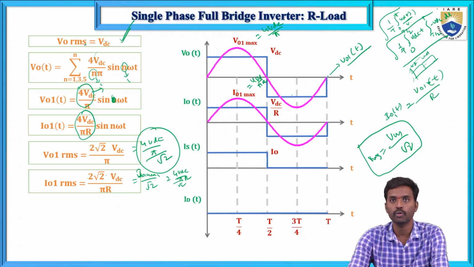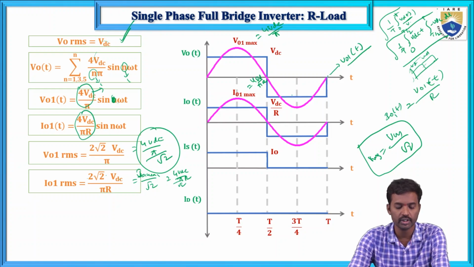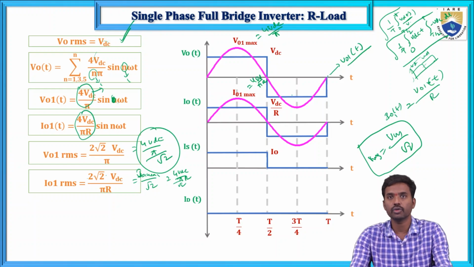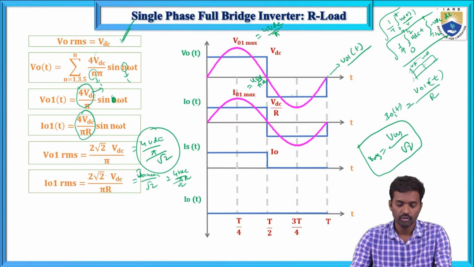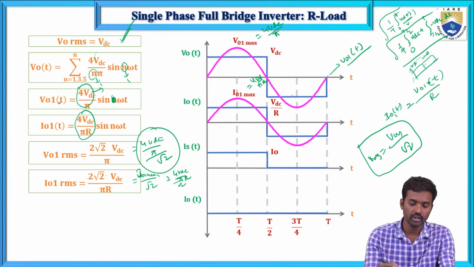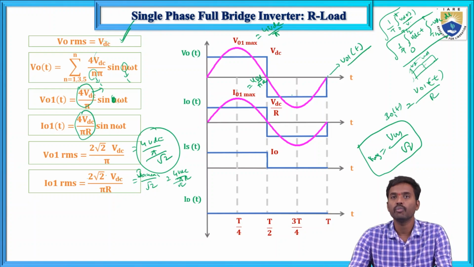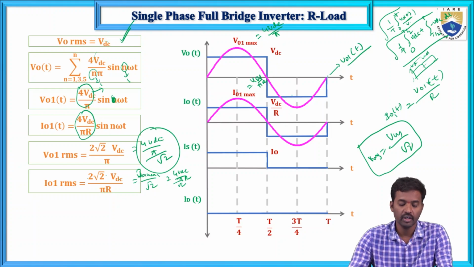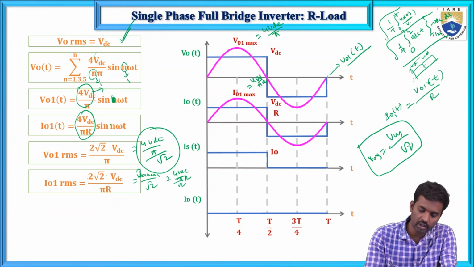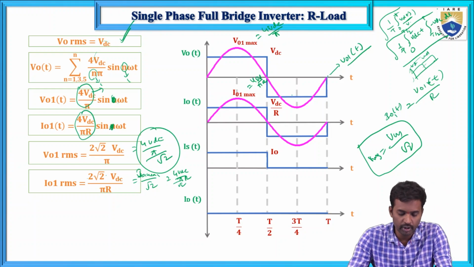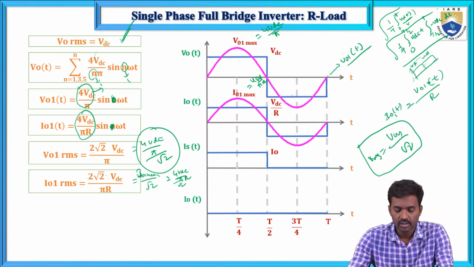V0, total output RMS voltage, equals VDC. The output voltage Fourier series equation equals sigma n equals 1, 3, 5 of 4 VDC by n pi sin omega t. V01, the fundamental component of voltage, equals 4 VDC by pi sin omega t, and I01 is also sin omega t, 4 VDC by pi R sin omega t.